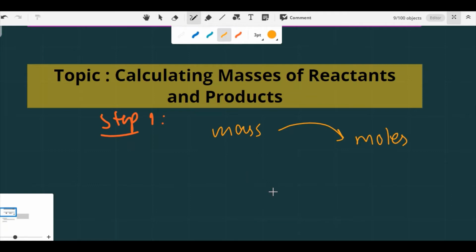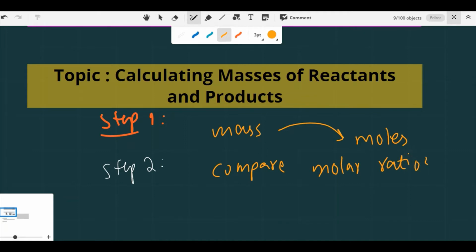That is your first step. The second step, step 2, is to compare the molar ratios of the reactants and the products.